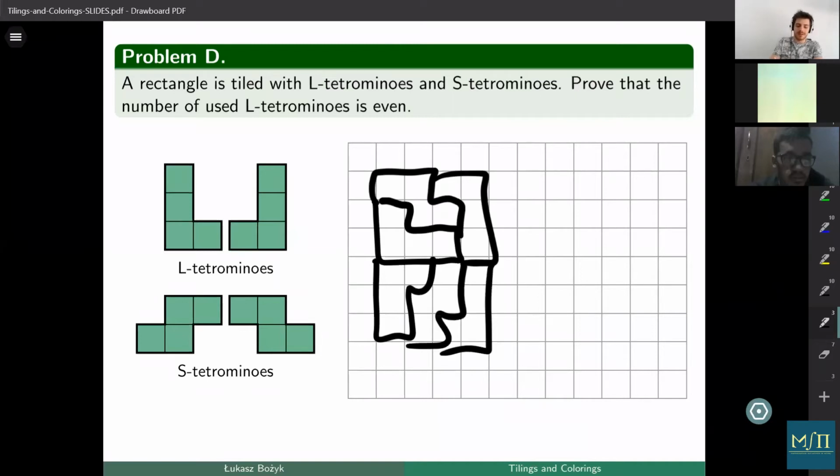Right, it's a rectangle, and each piece is of shape of an L or an S. And what we want to prove is that regardless of how the tiles are assembled, we always have an even number of such L tetrominoes.